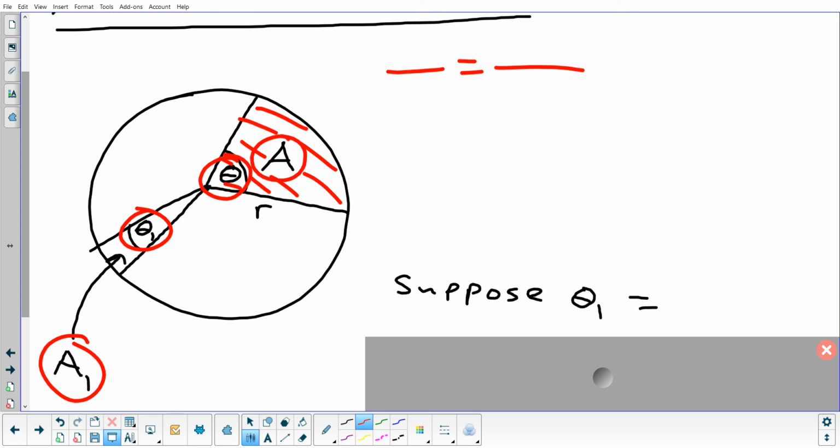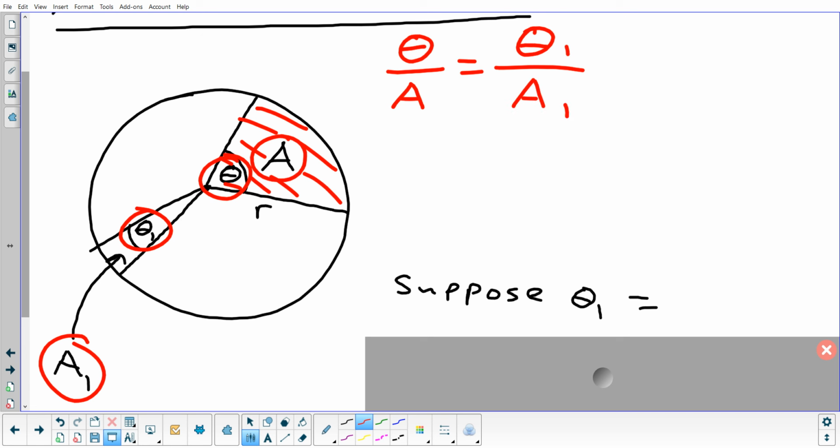Can somebody tell me what I could put on the left-hand side using the four things I circled? It's going to be very similar to arc length. Yeah? Theta over... Sure. So she put the angle on the top, she put the area on the bottom. Do it the same way on the other side to be consistent. What's going to go on the top? Theta 1. And on the bottom? A1.